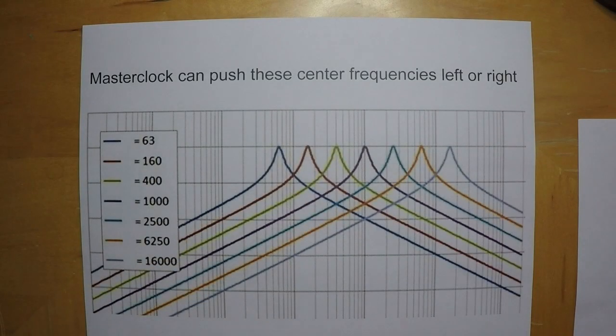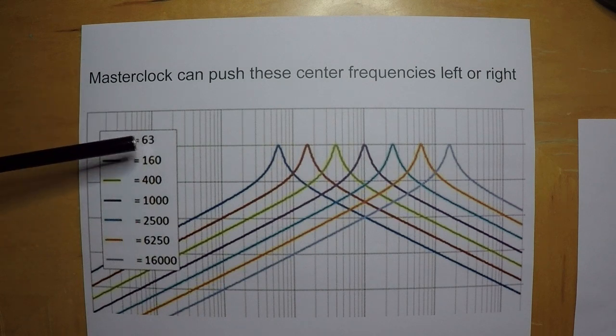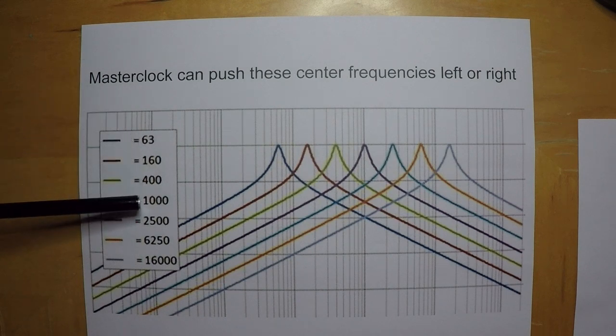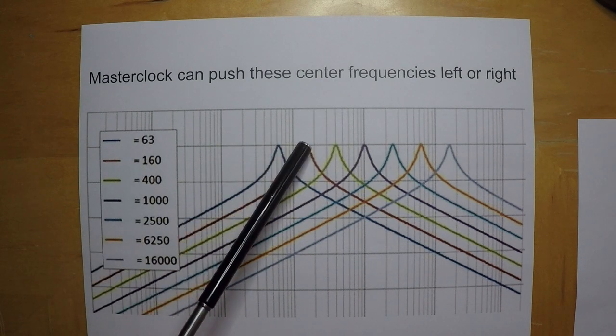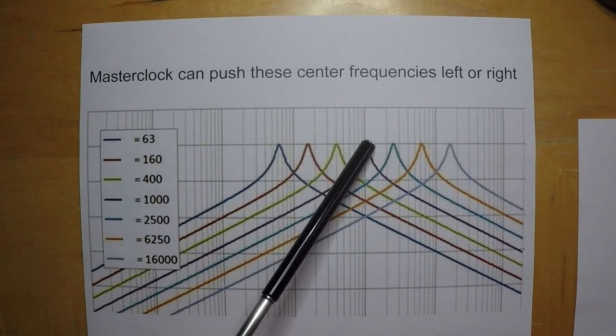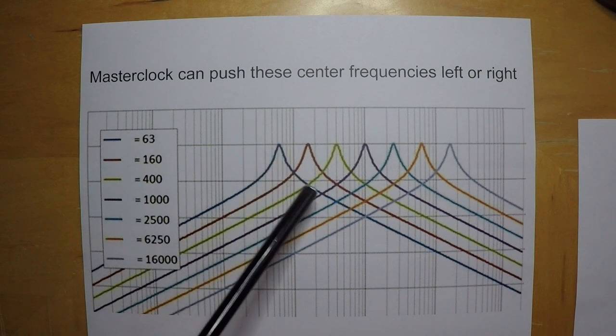And let's talk about the master clock, right? So the master clock, in a typical configuration, these are the frequency bands that a slicer IC would be looking at. These are the center points of each frequency band, and notice how the frequencies taper off to the left and the right.